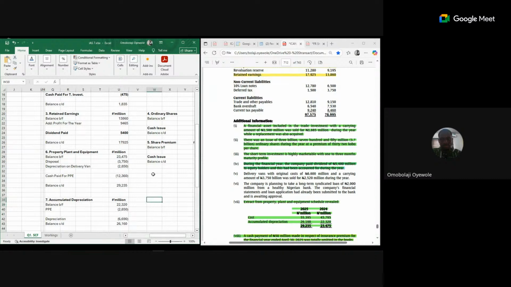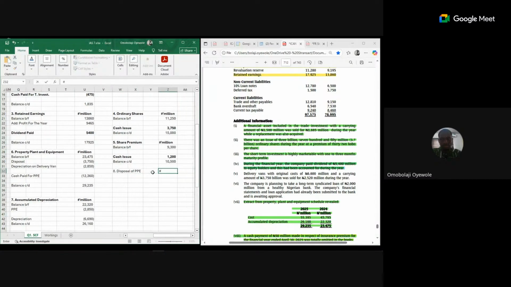So let me come here. Number 8, disposal of PPE. Let me use that to determine any gain or loss on disposal. So what's the carrying amount of this? The carrying amount is 3,750,000. Then the sales proceeds.